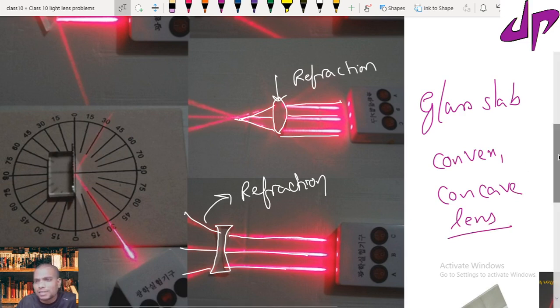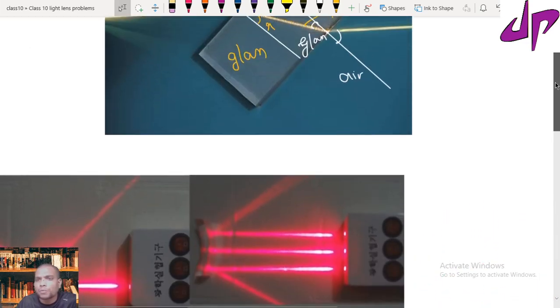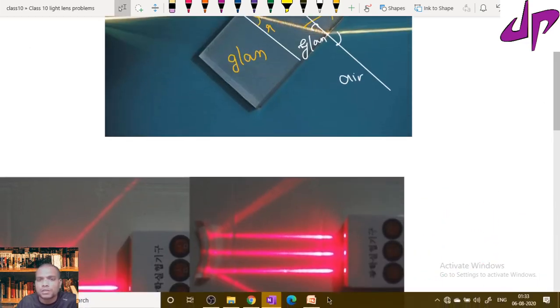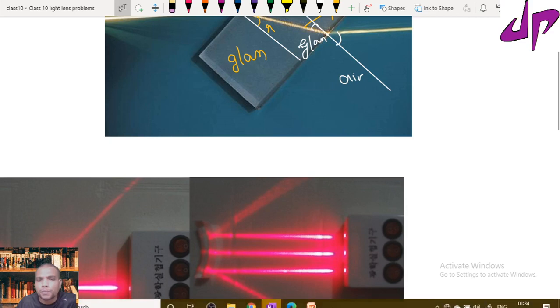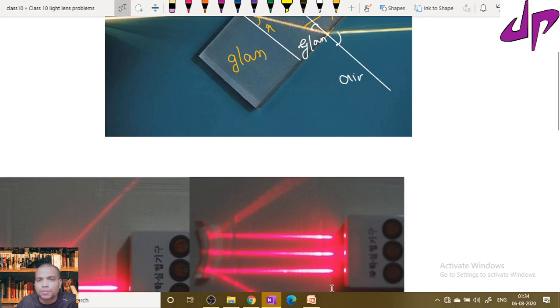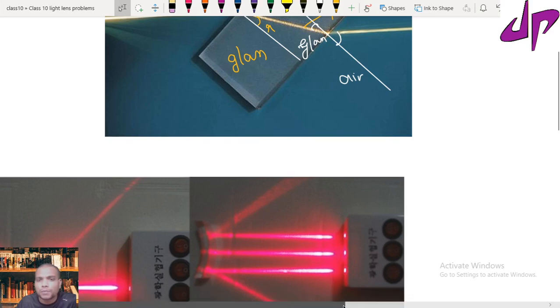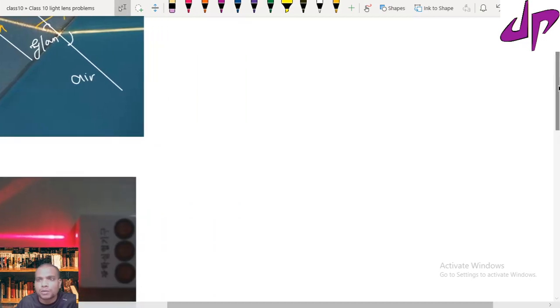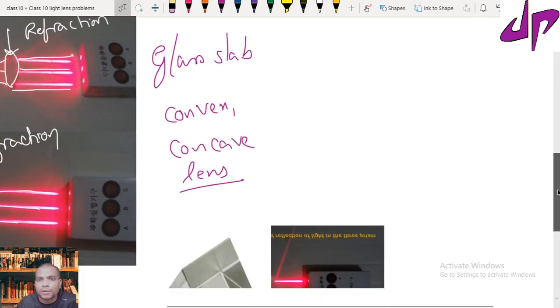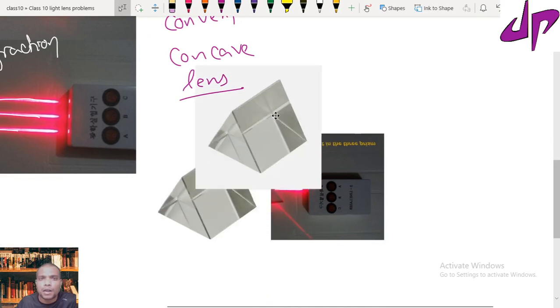So we will see the same property in another type of optical instrument, which is known as a prism. You might have seen the prism, a rectangular material made up of glass.